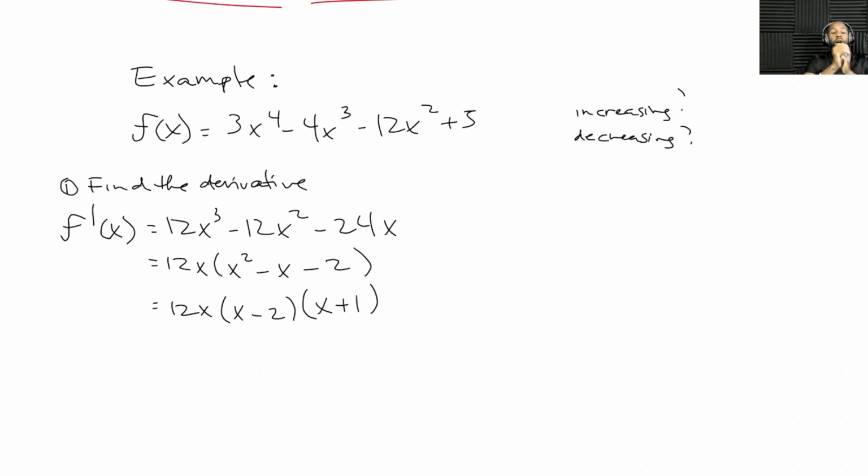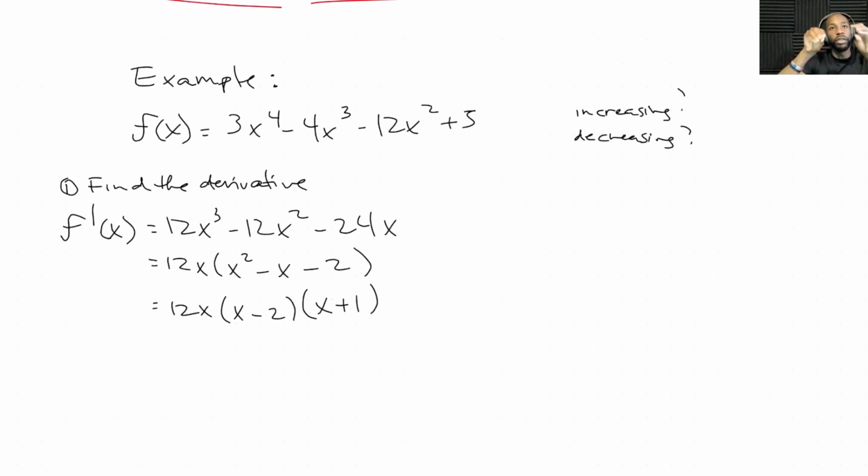Okay, there you go. So here's the thing. Next thing we want to do is find where the derivative is equal to 0. The reason why we want to find that is because if you recall us talking about critical points and whatnot, those are points where the derivative is equal to 0, where it kind of flattens out. So when the derivative is equal to 0, we want to see what's happening on either side.